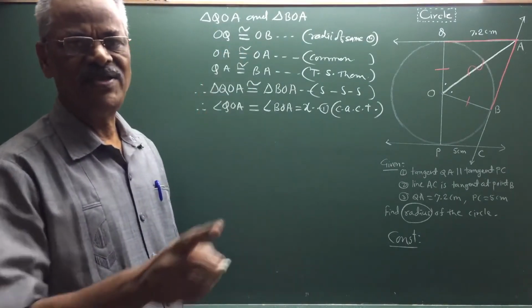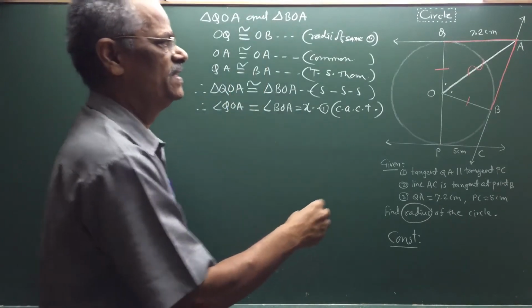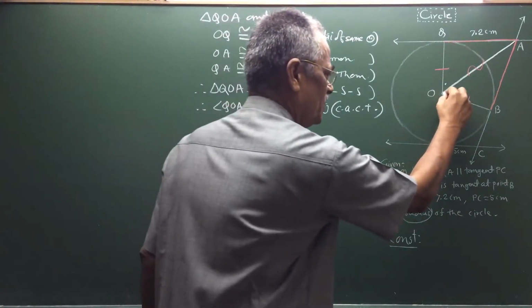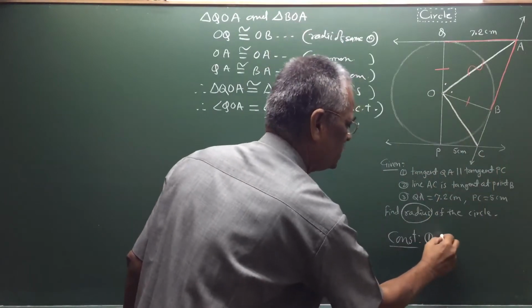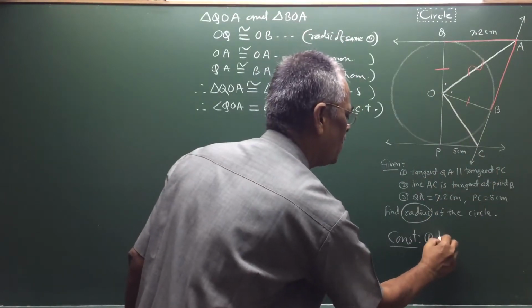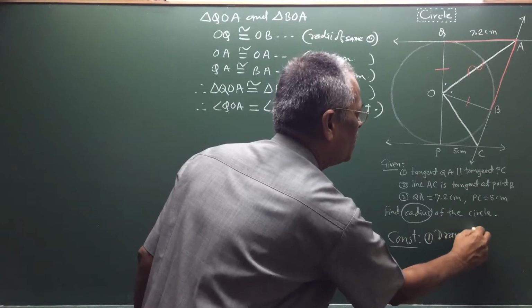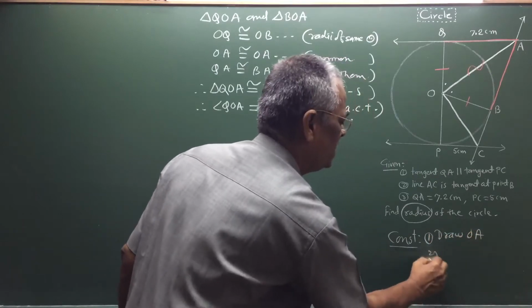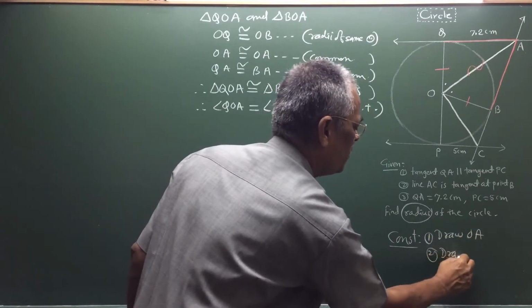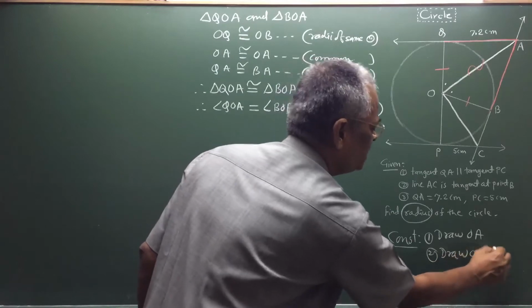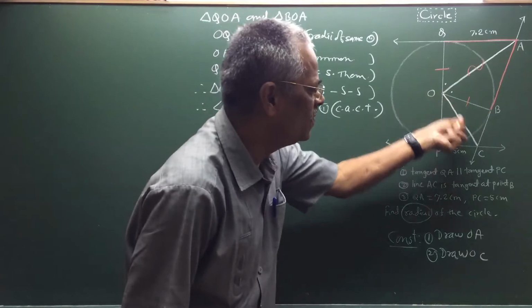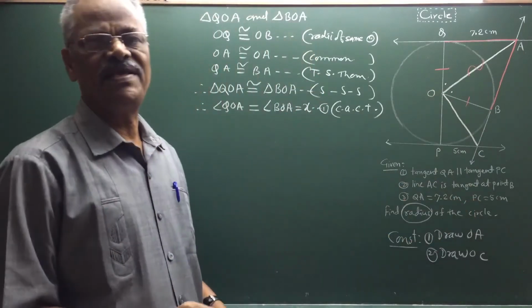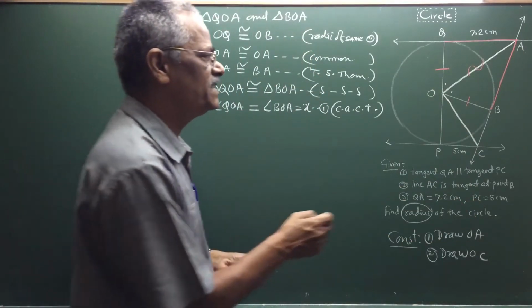Same method, using all steps. When you join OC, what is the first step? We draw the OC segment. This is construction. And when we draw OC, the same thing is there.